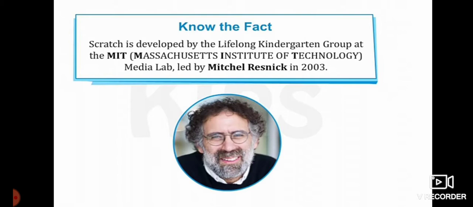Scratch 2.0 is the second current major version of Scratch, followed by Scratch 1.4. It was officially released on May 9, 2013. Scratch is used in more than 150 countries and available in 40 different languages. Scratch can easily run on different operating systems including Windows, Mac OS and Linux.